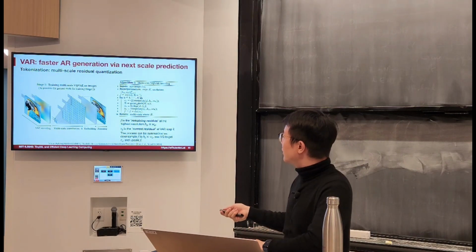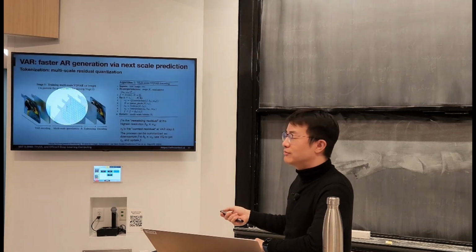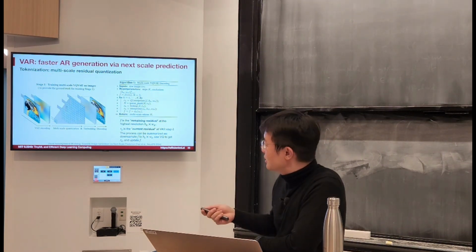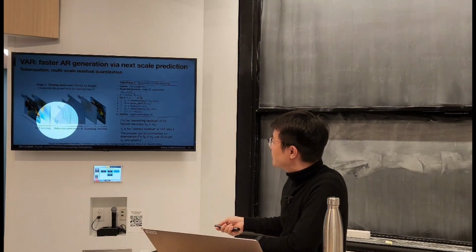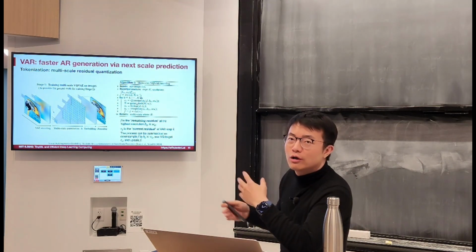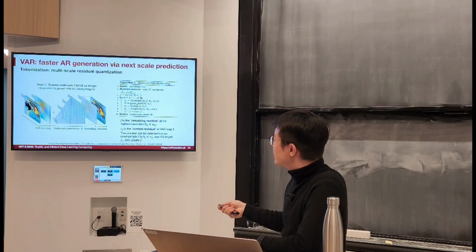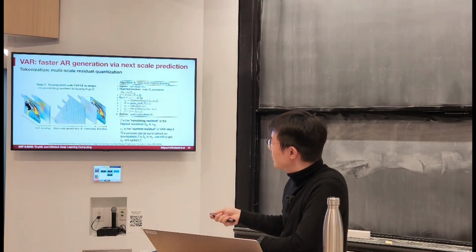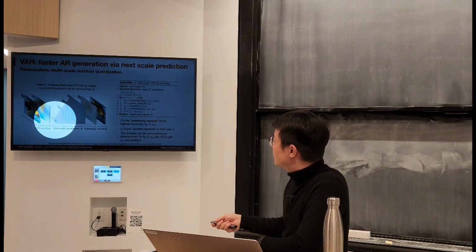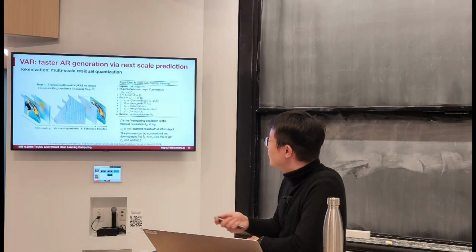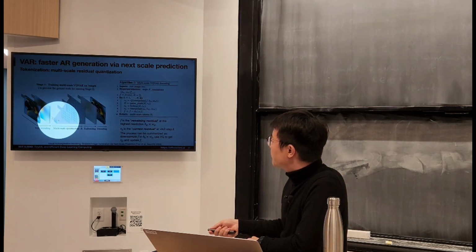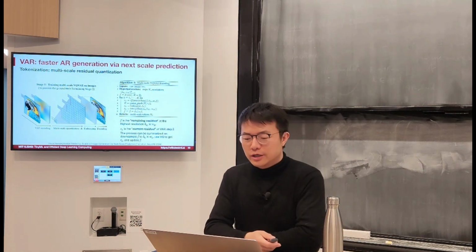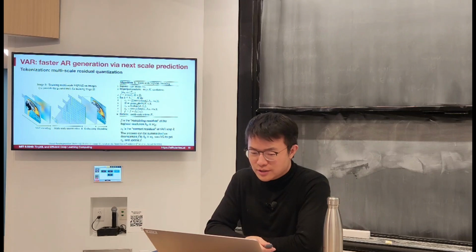Then 4 by 4, 16 tokens, and so on, gradually increasing the number of tokens to generate. You can imagine the first stage is the very raw big picture, while the last stage is the very high resolution details. So from the big picture to the fine-grained details, from coarse-grained pixels to fine-grained pixels. That's the order in which it generates those tokens.